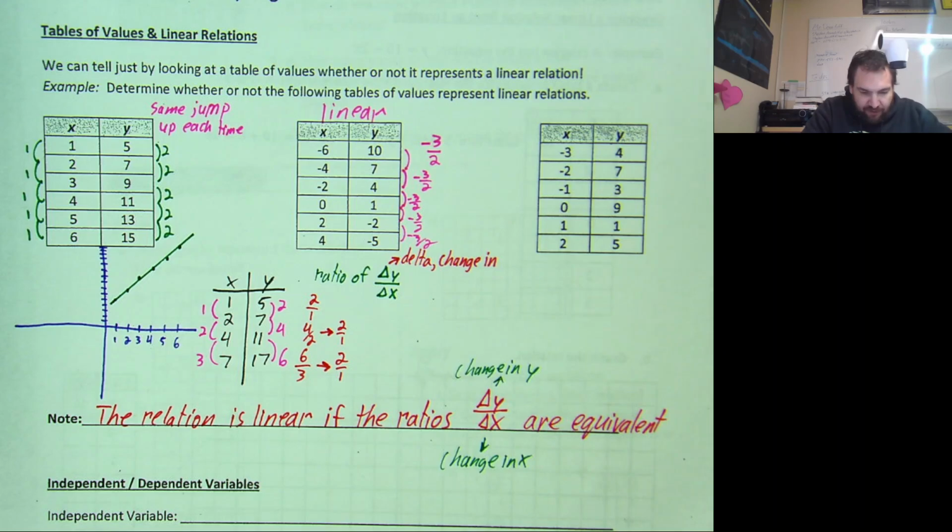Then this guy here. What's the ratio going from -3,4 to -2,7? The y is going up by 3, x is going up by 1. Okay, how about the next guy here?